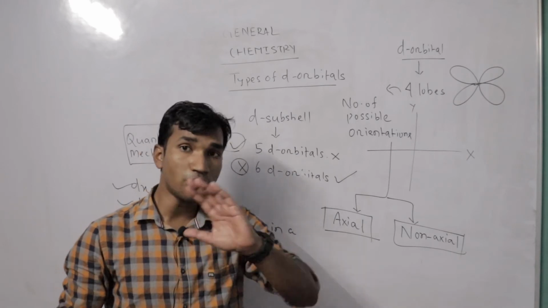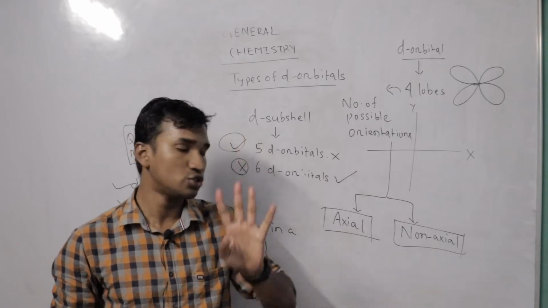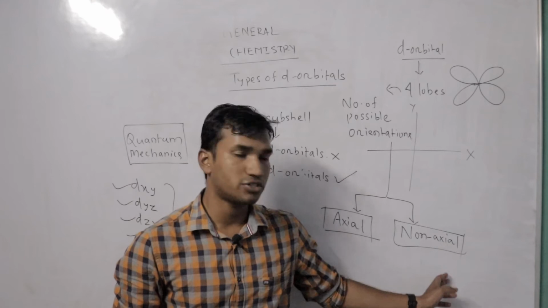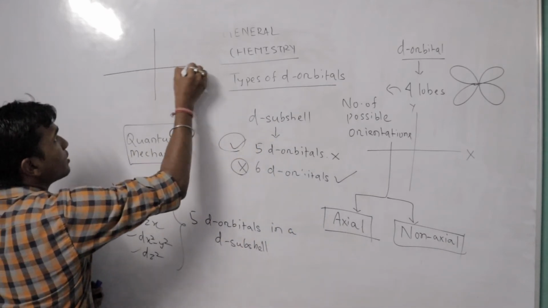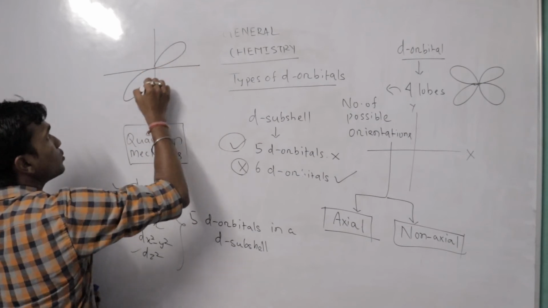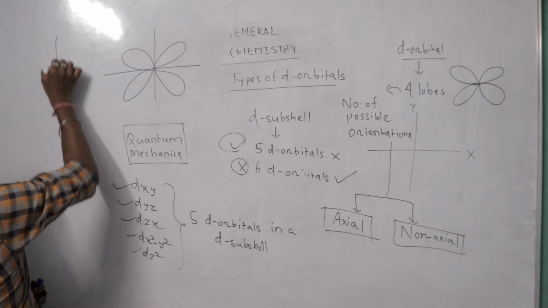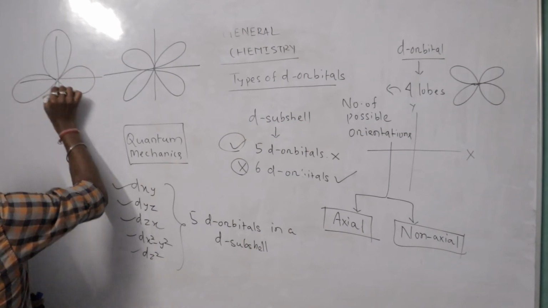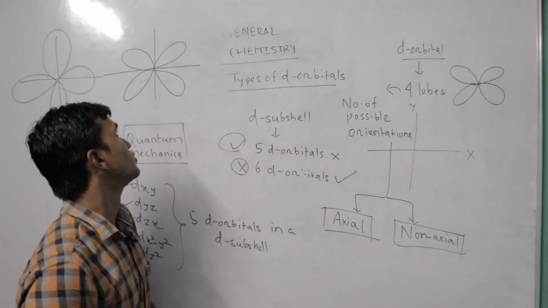If it is not towards the x-axis, y-axis or z-axis, but in between the axes, that is non-axial. Accordingly, we have 6 possible orientations.